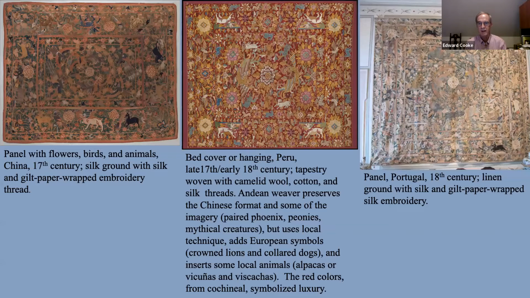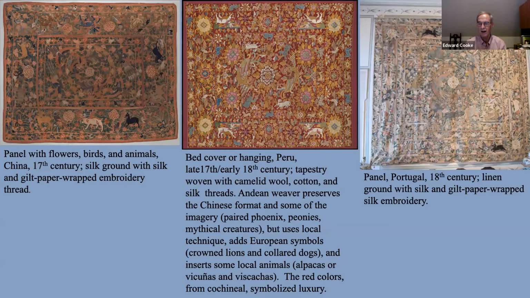So these weavers take the same format, the peony, the phoenix, the animals, they update some of the animals, they add European animals, they have local animals like alpacas and vicunas, and they also accentuate red in terms of the background of the weaving.